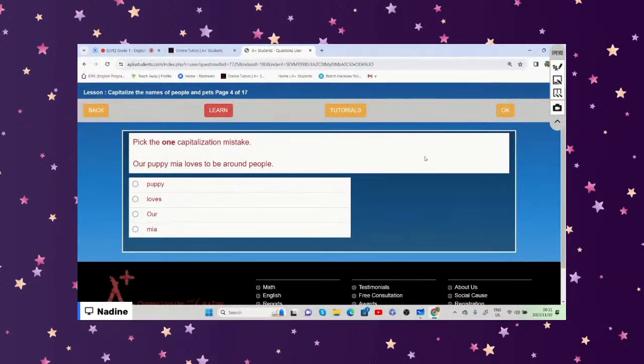Our puppy Mia loves to be around people. We need to select the capitalization mistake within that sentence. So our puppy Mia loves to be around people.